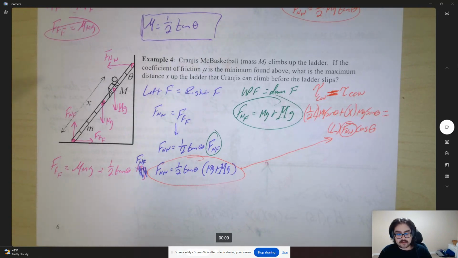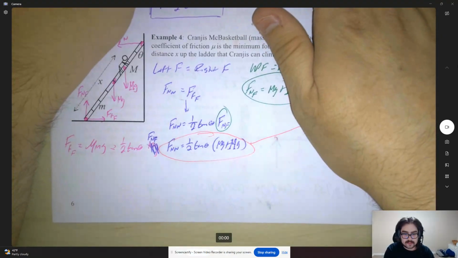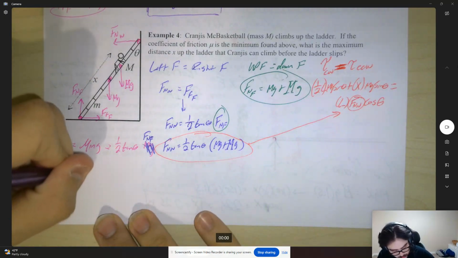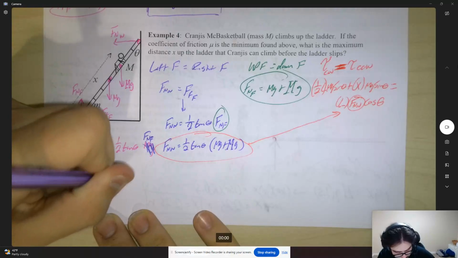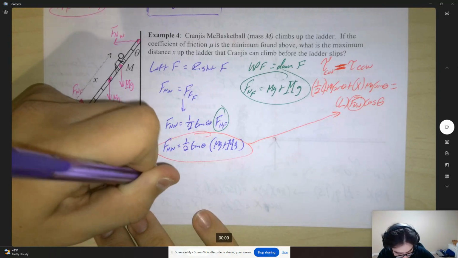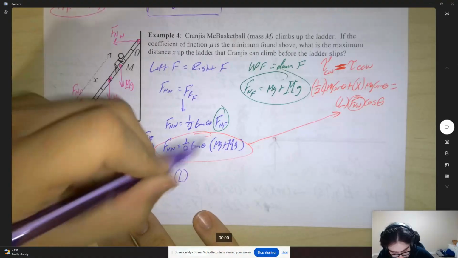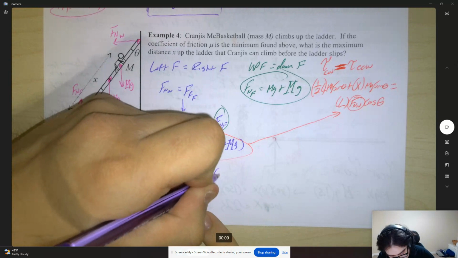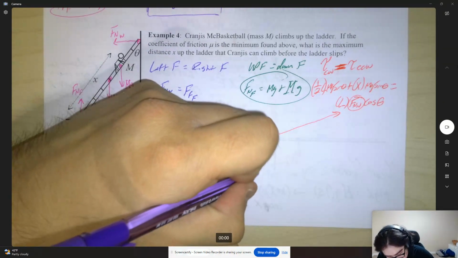Absolutely crazy, okay? But let me move this down just a little bit so I have more space to write. When I do that, it's going to give me this really long equation: 1/2 L mg sine theta plus x mg sine theta equals L, and then I plug this whole thing in: 1/2 tangent theta mg plus capital M G, cosine theta.